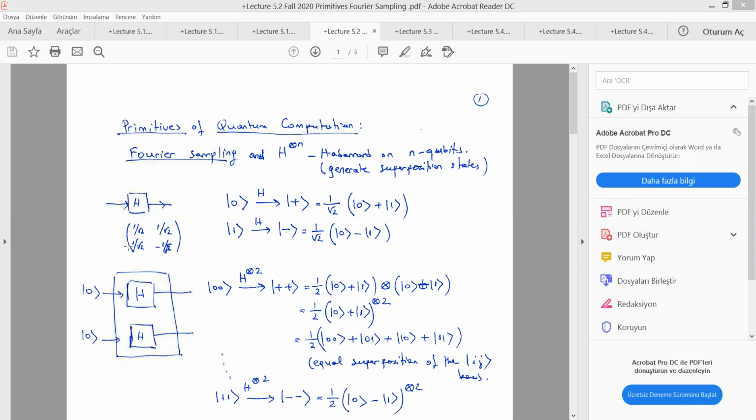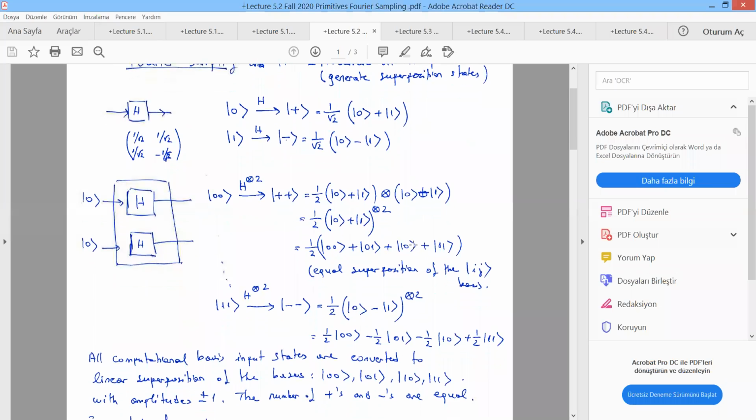And this single-qubit gate transforms a |0> state to a |+> state, which is 1 over square root of 2, |0> plus |1>. And it would transform a |1> state to a |-> state, which is 1 over square root of 2, |0> minus |1>, right?